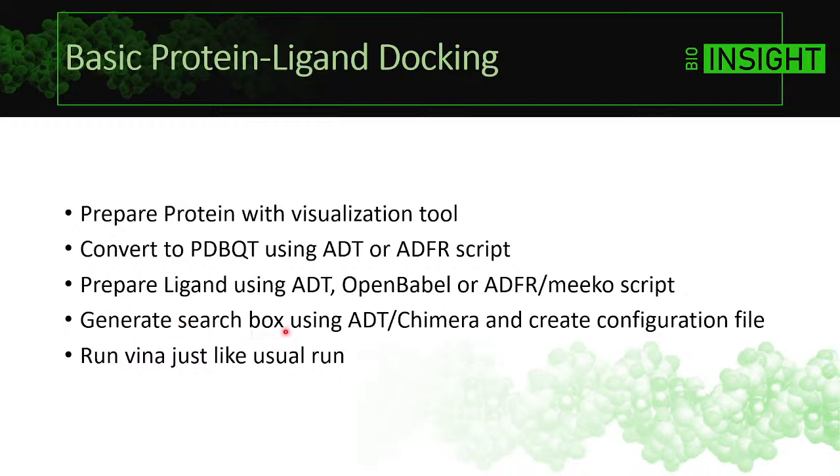This can be generated either from AutoDock Tools or from Chimera, or if you have co-crystallized ligand coordinates, we can use those to auto-box our protein through AutoDock Vina 1.2. And then finally, a simple general Vina command, the way we have been used to, can be used to run the docking program. So let's start looking at how to set up and look at this software and so on.